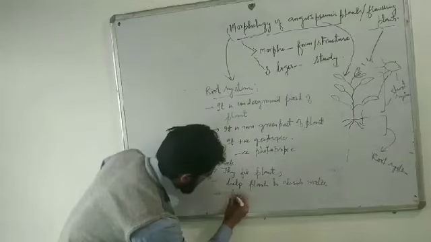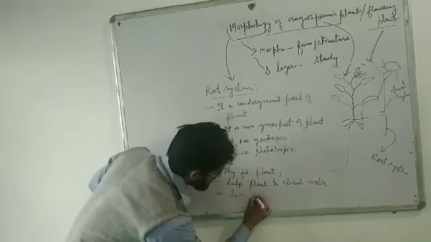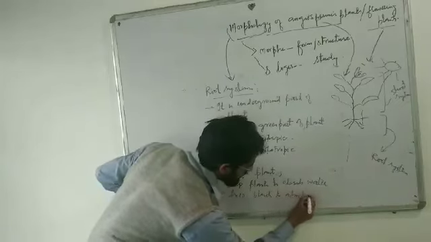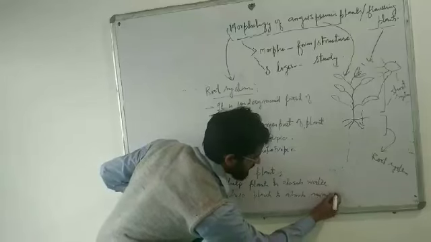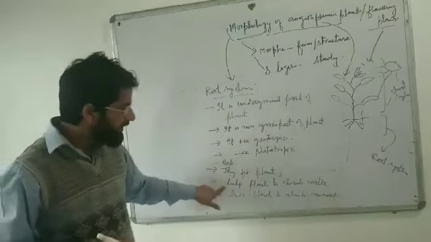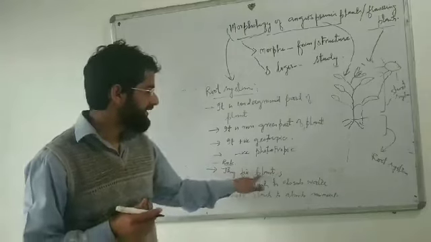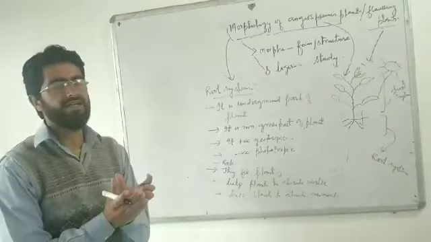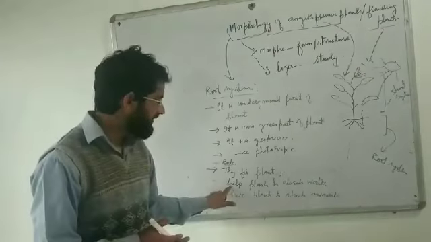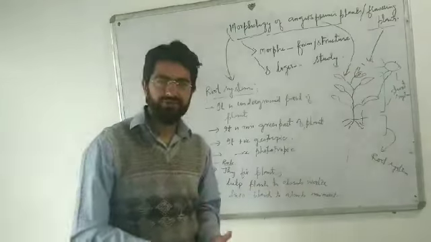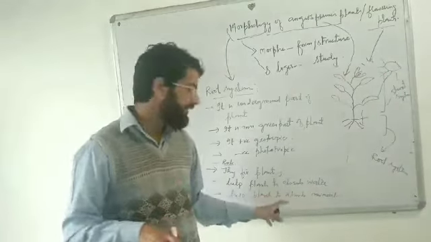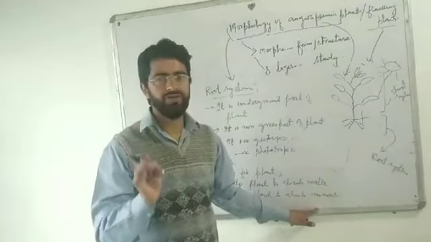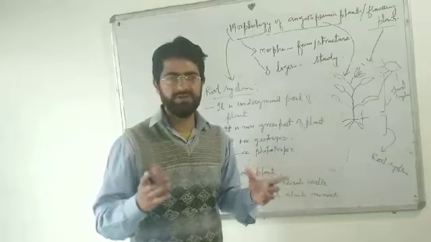Third, they help plants to absorb minerals. These are a few primary functions of roots. One is fixation of the plant. Second, it helps the plant to absorb moisture or water from soil. And third, it helps the plant to absorb minerals which are required for the function or other metabolic processes within the plant.